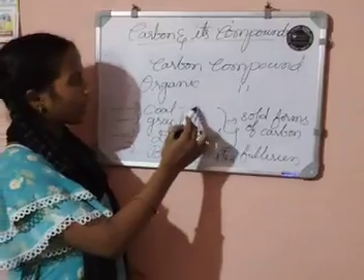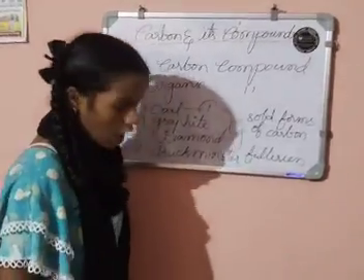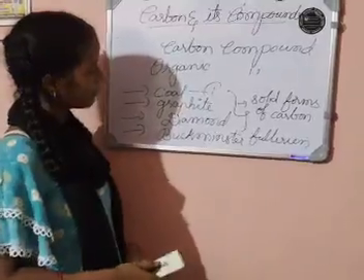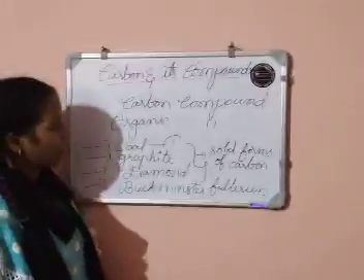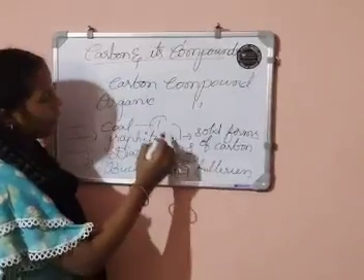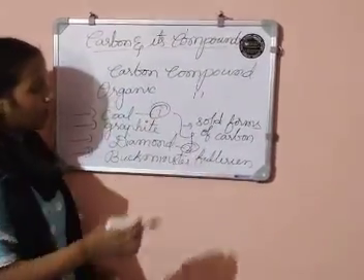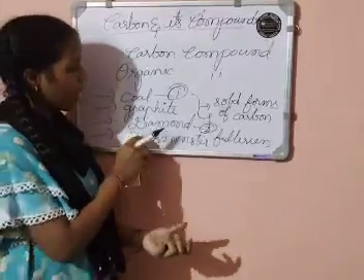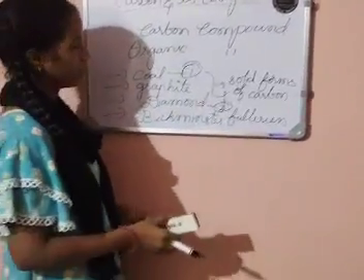And where the coal is present, automatically the diamond will be extracted. For example, in our India, the Singareni mines have more coal, and in that place we have more diamond also.